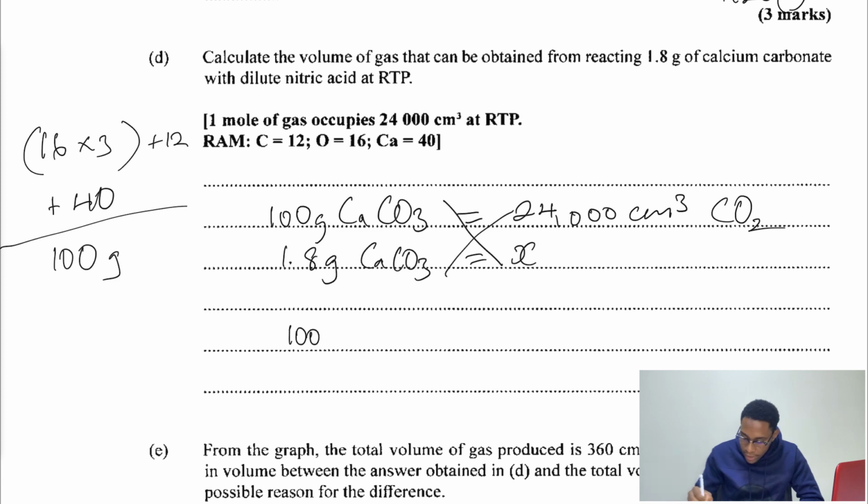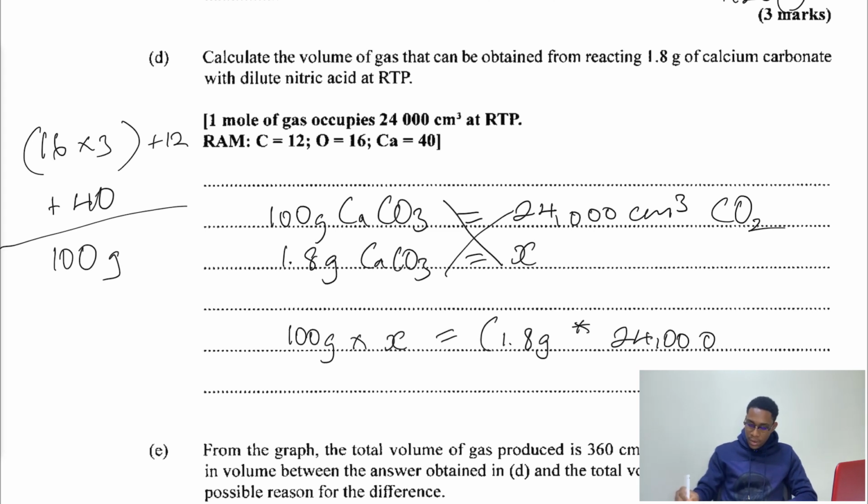We just cross multiply. So on the left hand side, we have 100 grams times X. And on the right hand side, we have 1.8 grams times 24,000 centimeters cube. But we're still in a problem here.